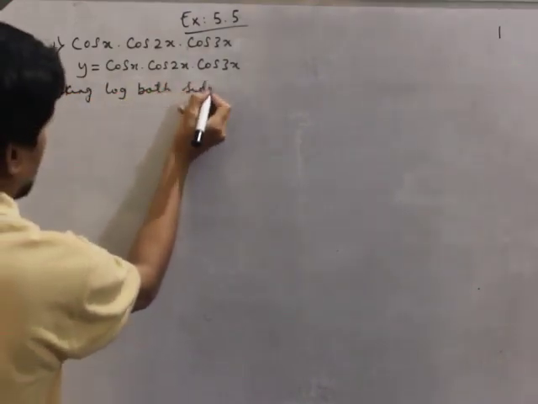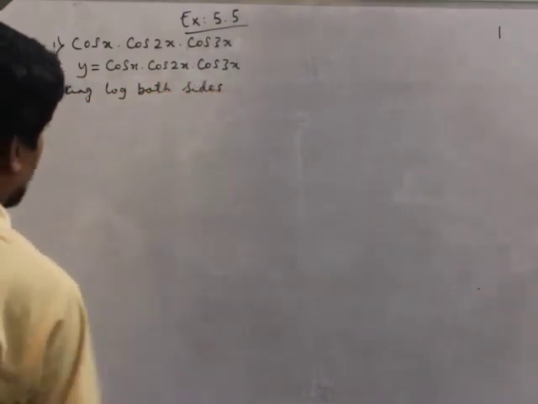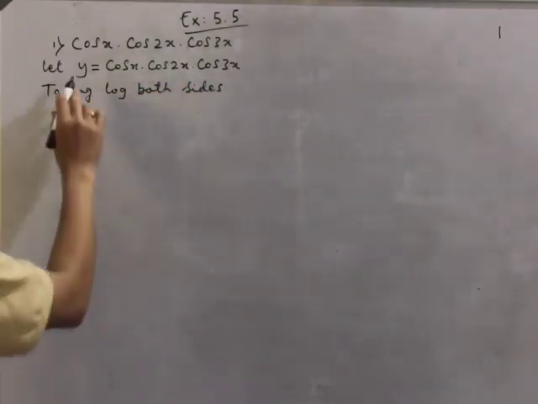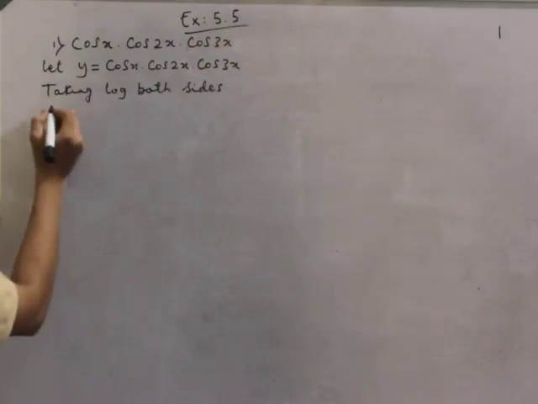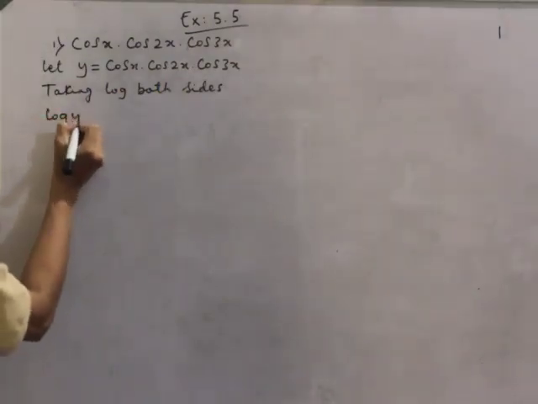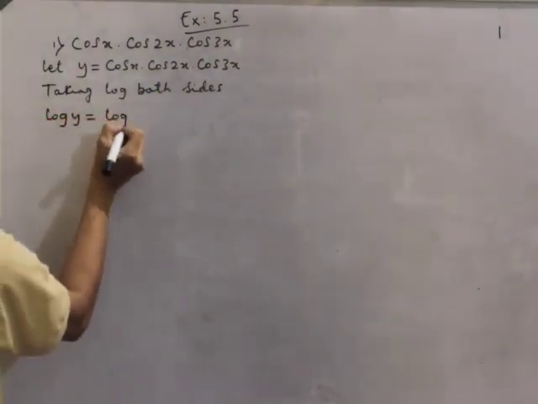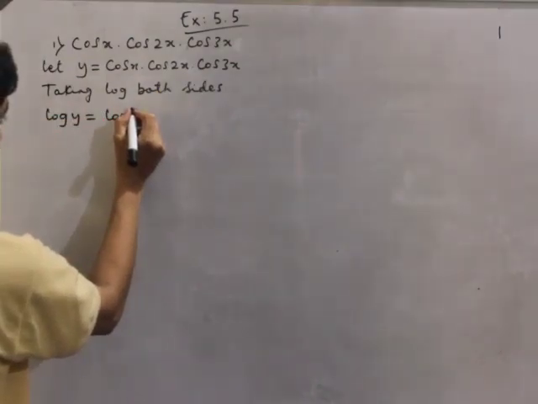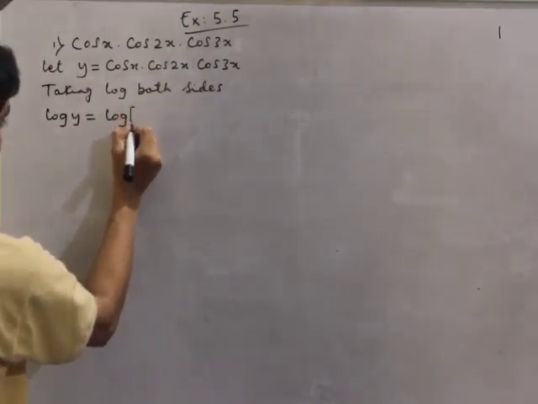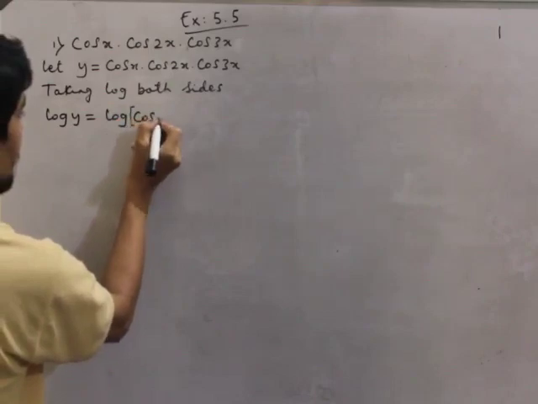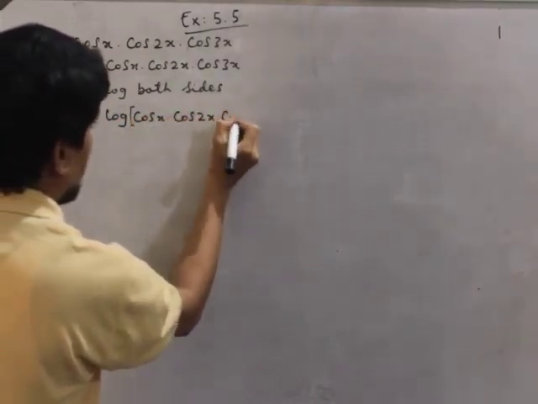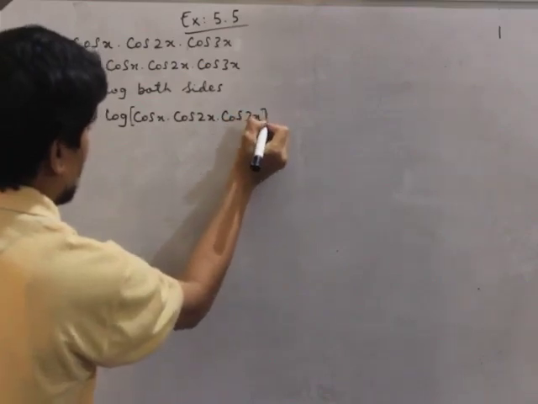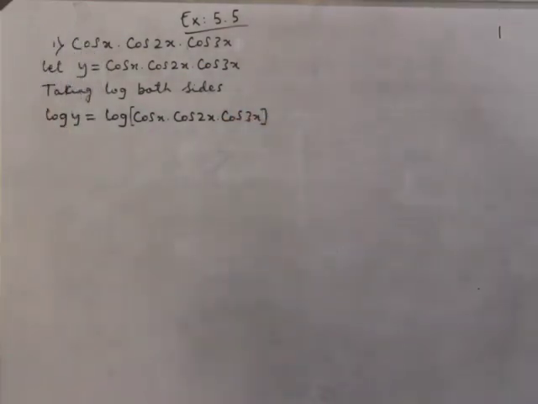Taking log both sides means here also you have to apply log and here also you have to apply log. So what it will become? Log y is equal to log of (cos x into cos 2x into cos 3x).